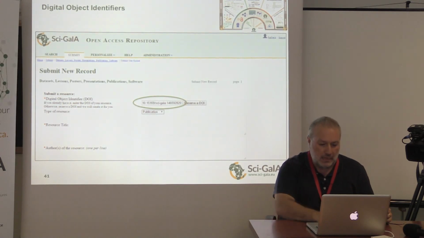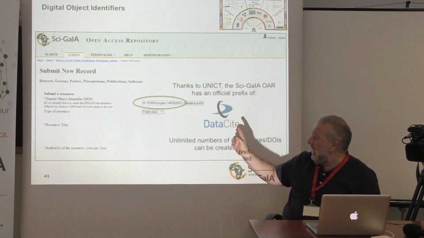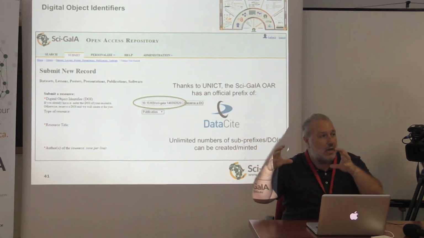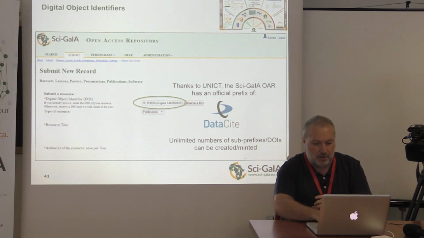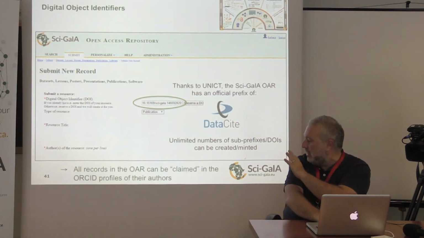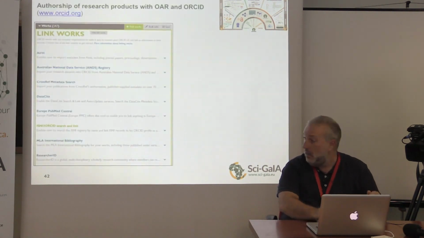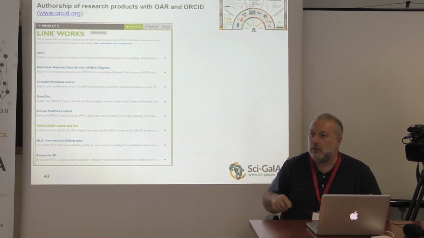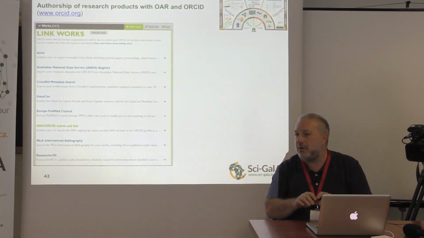Then, thanks to the University of Catania, we provided Sci-GaIA with a DOI prefix. So what are you going to do with the DOI prefix? All records in ORCID can be claimed. How? You log in on your ORCID profile, and you don't need to fill in your papers one at a time.